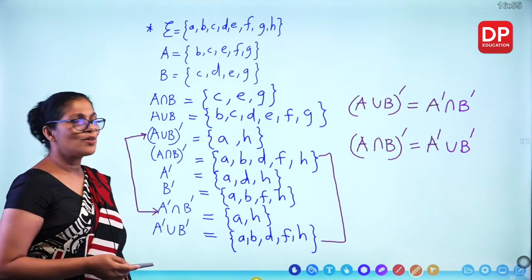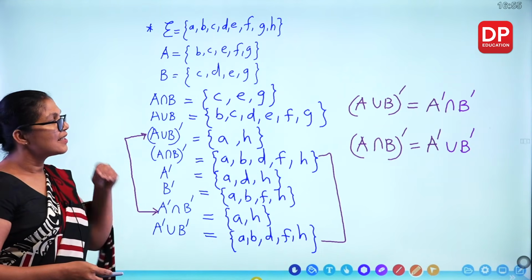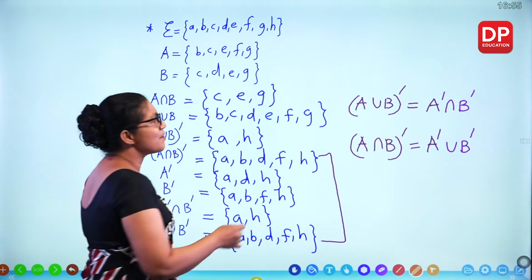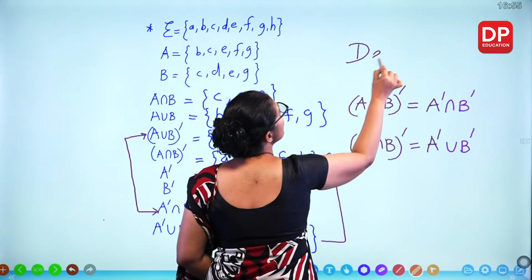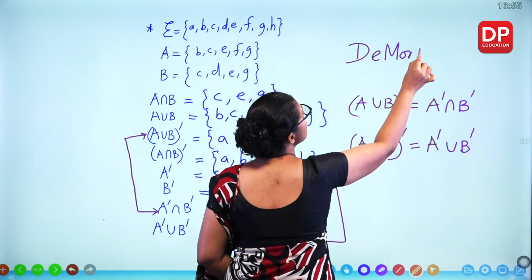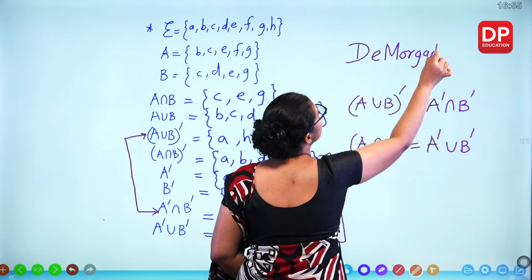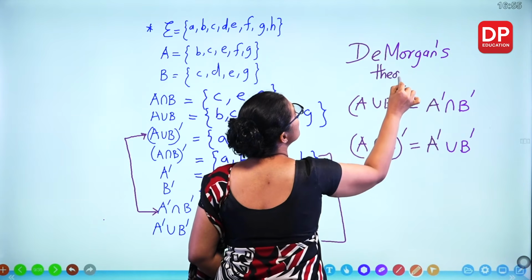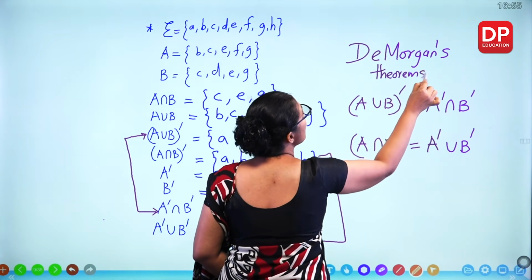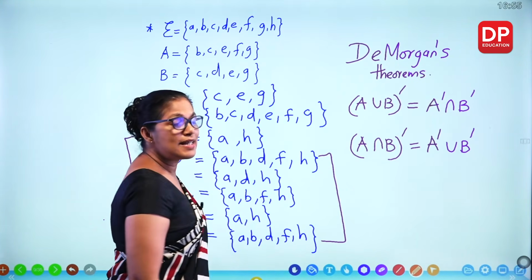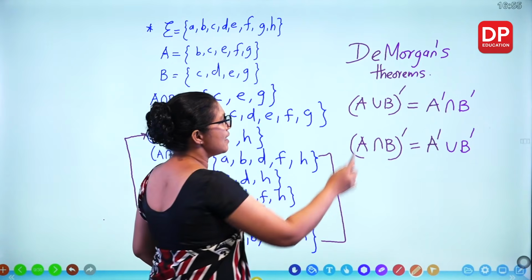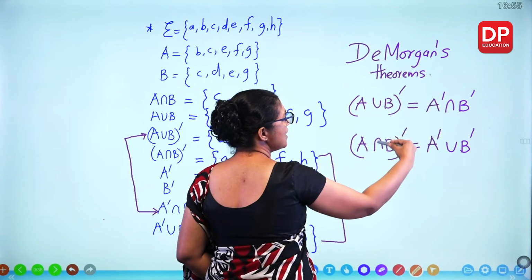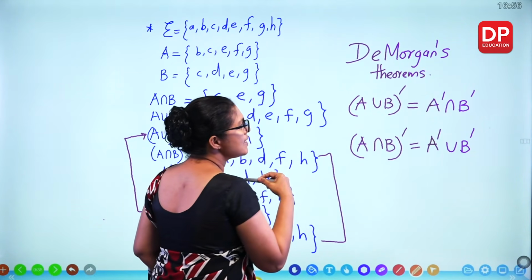What are these two theorems? De Morgan's theorem. So we did this in grade 10, De Morgan's theorems, and also we can write down these are duality principles. Instead of union, you can replace with intersection.